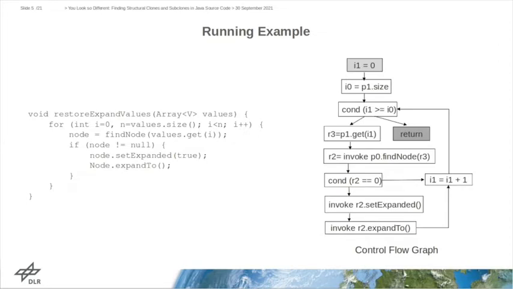Let's walk through our method by way of an example. On the left-hand side of the slide we have a Java method, and on the right-hand side its control flow graph. As can be seen, a control flow graph can contain cycles, which complicates its encoding.